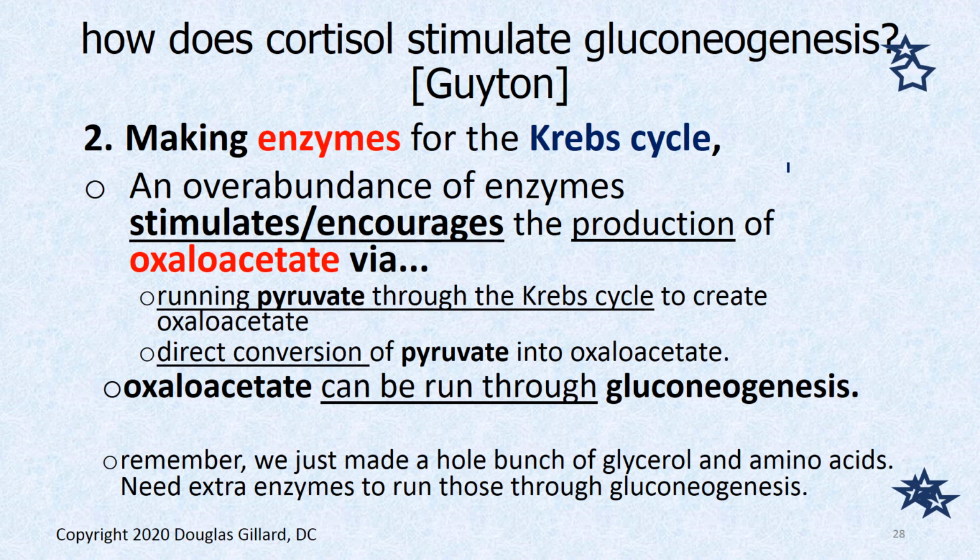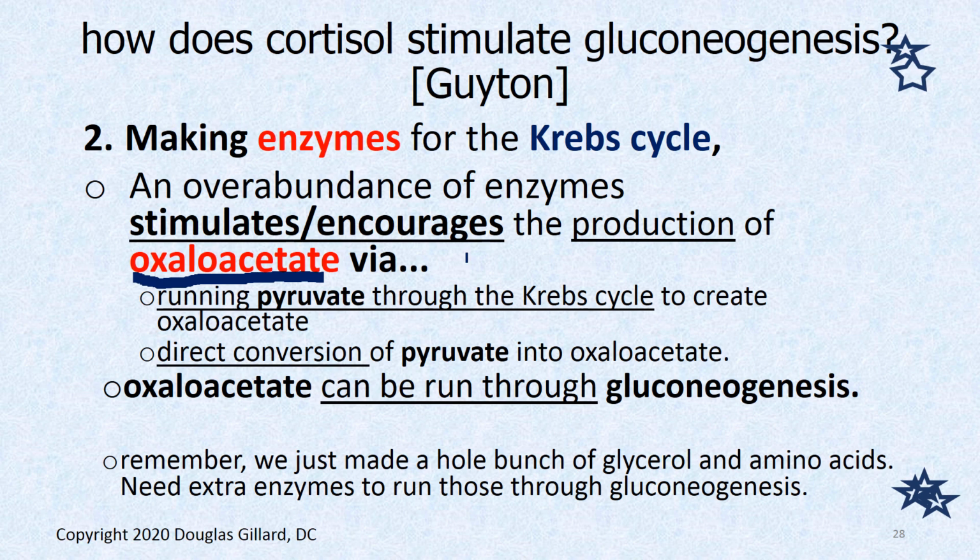Let's see, what am I saying here? So an overabundance of enzymes stimulates and encourages the production of oxaloacetate. But in order to make oxaloacetate, we need enzymes, because oxaloacetate is the end product of the Krebs cycle. So we have to make all these Krebs cycle enzymes. So our Krebs cycle is like Superman. Any pyruvate, right? That's the big molecule that's made by glycolysis.